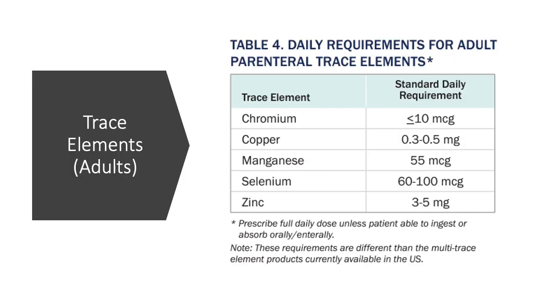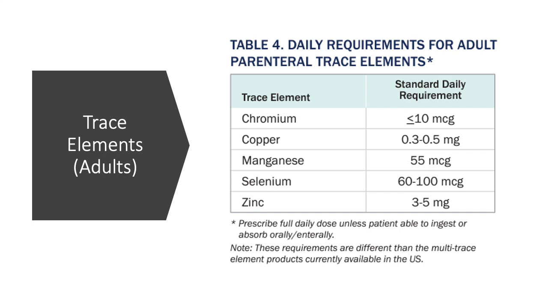Here are daily trace element requirements for adults if you're dosing them individually. However, most of the time you'll be using a multi-trace element product in your TPN dosing, and then sometimes you do have to throw in an extra individual component if the patient's found to have a deficiency.